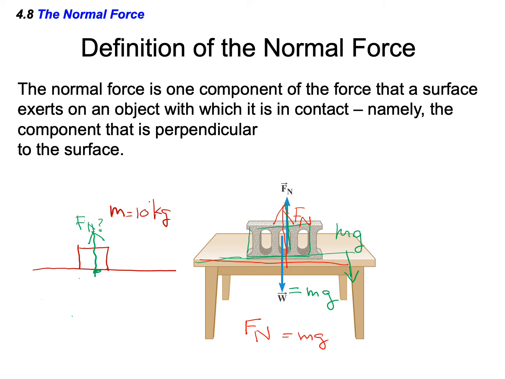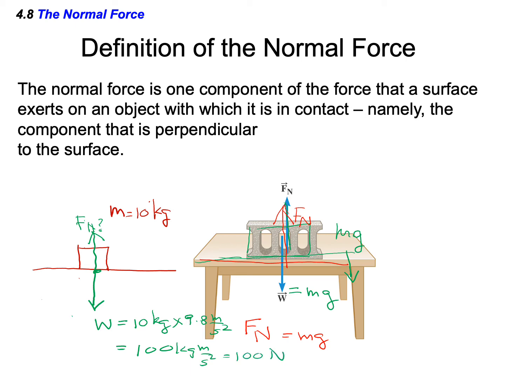Weight is pointing down, W, which is equal to mass, 10 kilograms, times acceleration due to gravity, 9.8 meters per second square. So approximately, this is approximately 10, so 100 kilograms meters per second square, or you can write 100 Newton.